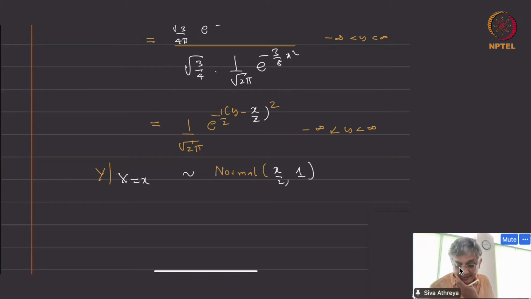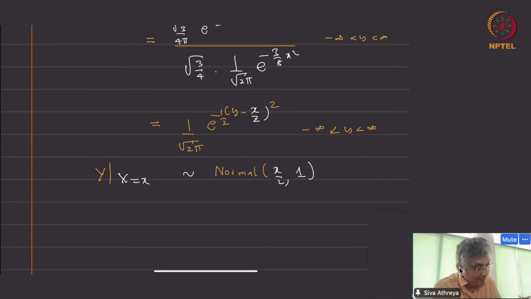Kind of nice. So as x gets larger and larger, the mean gets larger and larger, but the variance stays 1. And that's a nice idea of this whole random variable. As x changes, the mean of y given X equal to x changes to x by 2.